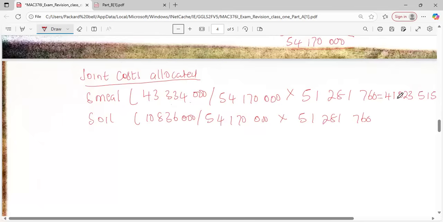So these are the joint costs that go to S meal. Then the one that goes to S oil, we can just subtract now. You can calculate, but you can just subtract. You can just come and say, these are our joint cost minus this one. Then we get the one that goes to S oil.